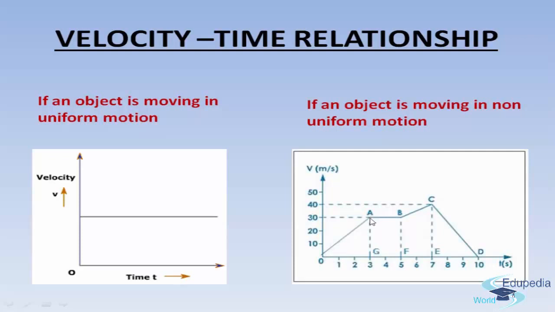From the 3rd second to the 5th second, the velocity remained constant. Again, from the 5th to the 7th second, it was increasing. And thereafter, after the 7th second till about the 10th second, the velocity was again reducing, because it's a non-uniform motion, right? So that is how the graph is going to be for the velocity and time relationship.